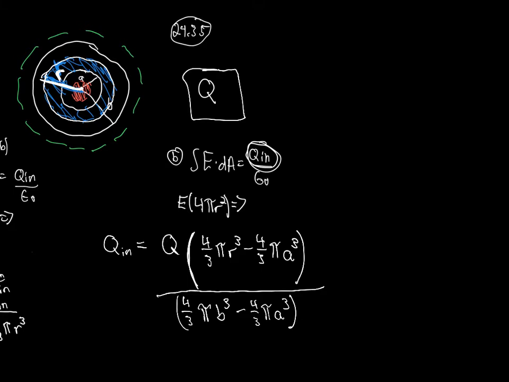So another way that we can think about this is Q in, the ratio of Q in over Q total, which is what I'm given, is going to be proportional to the ratio of the volume inside over the total volume.